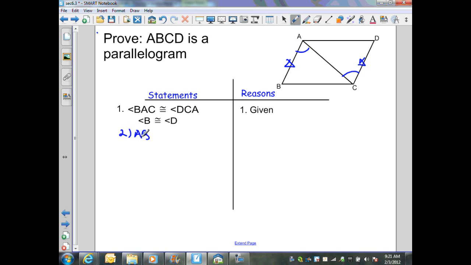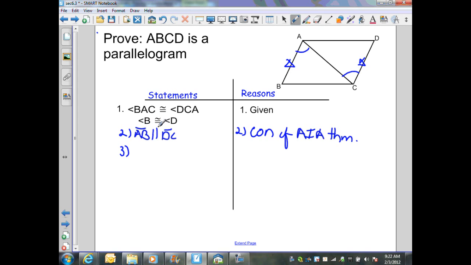AB parallel to DC. And that is by the converse of the AIA theorem. If alternate interior angles are congruent, then the two lines cut by a transversal are parallel.